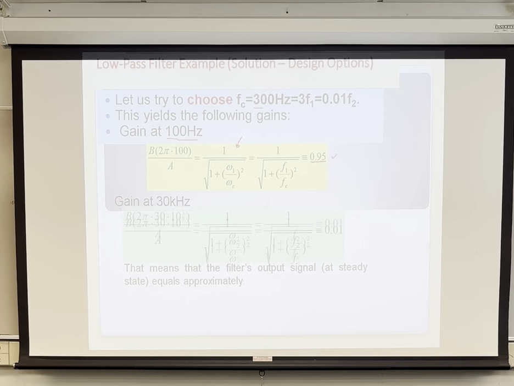Now at the same time, we can change F2 to 30 kilohertz and calculate the gain at 30 kilohertz. And that's 0.01, so you can calculate 20 log of 0.01. What is that on your calculator?